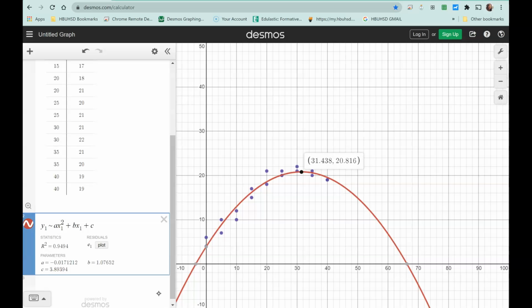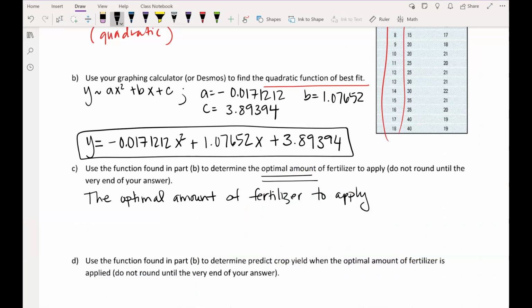So the amount of fertilizer, because our data was giving us in whole numbers, we're going to stick with whole numbers, so which is about 31, okay? So amount of fertilizer, let's go back to the notes, is about 31 pounds, okay, for 100 feet squared. So that's our unit of measurement.